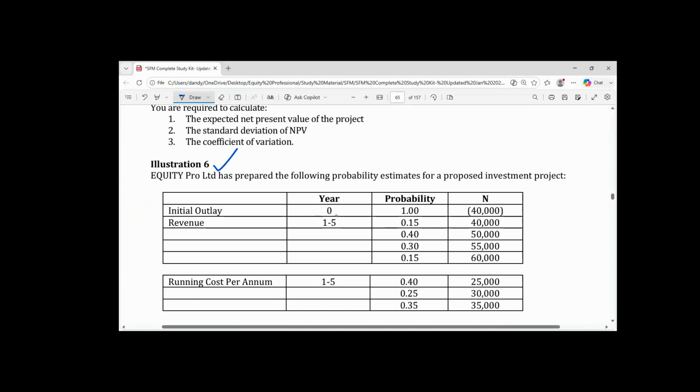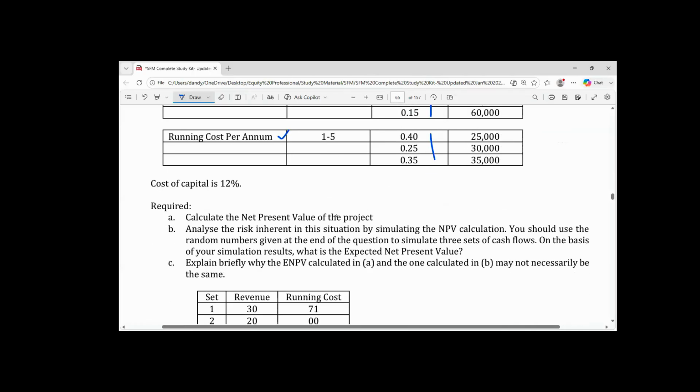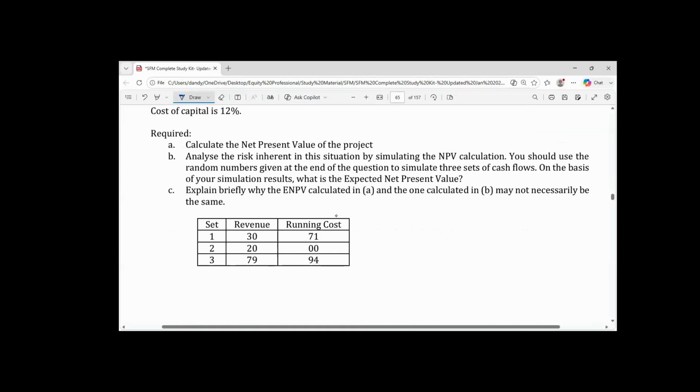Equity Pro Limited has prepared the following probability estimate for a proposed investment project. So you are given cash flow of receipts and payments, revenue and running costs with their associated probabilities. All right. Cost of capital is 12%. Required: A, calculate the net present value of the project.